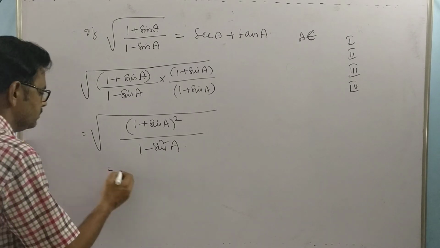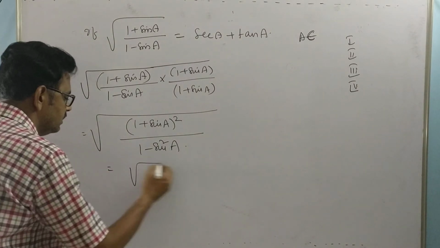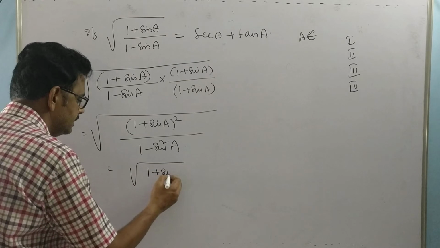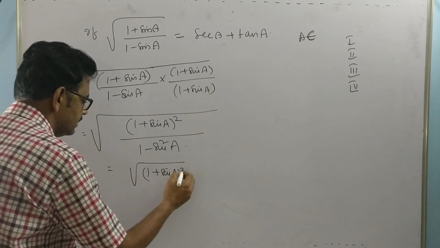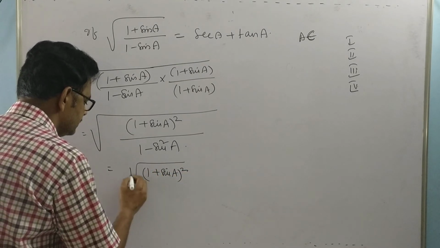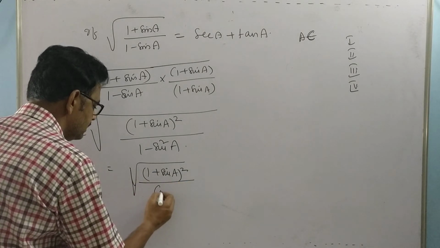So this is equal to root of 1 plus sine A whole square by square root of cos square A.